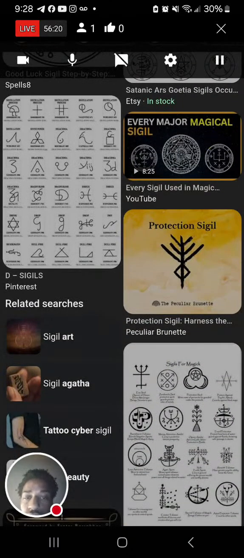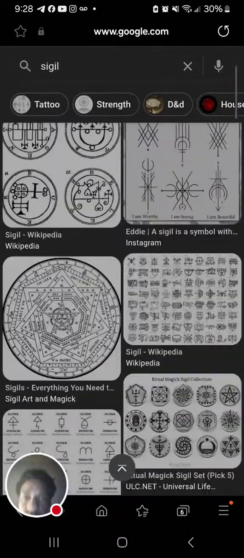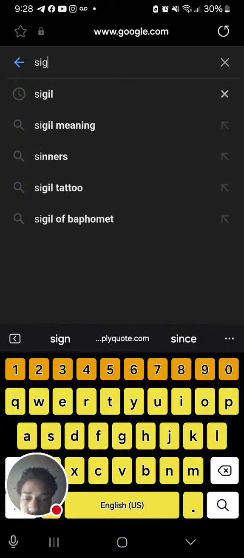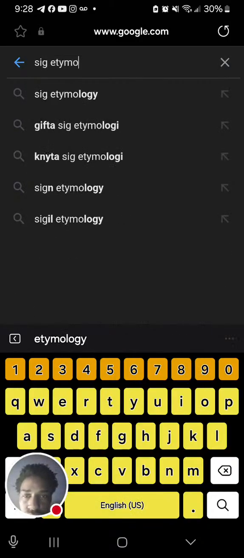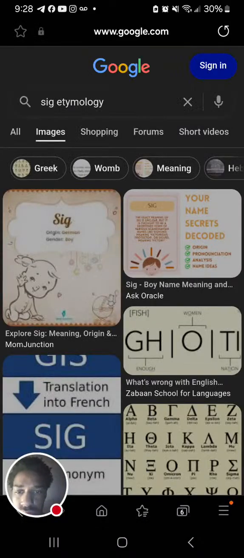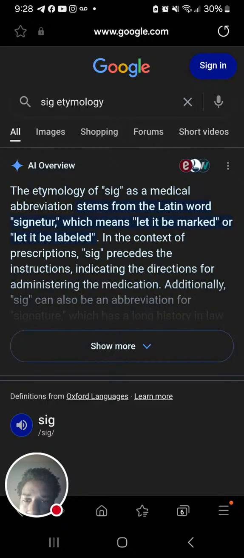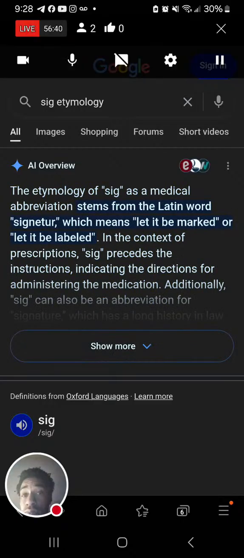But a signature is a sign. Sig, sign, signature. Let it be labeled. Let it be marked.